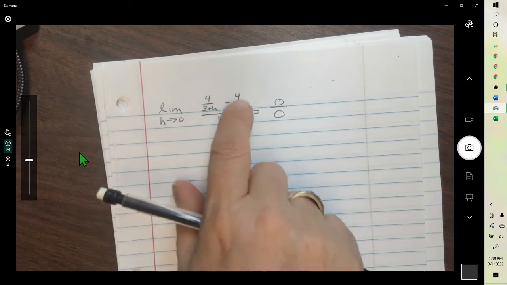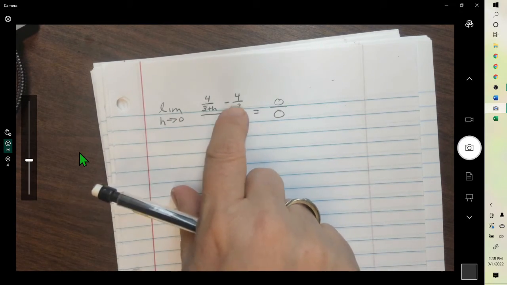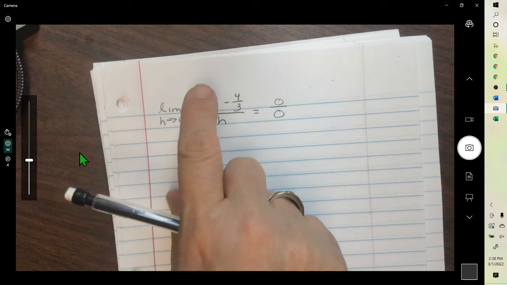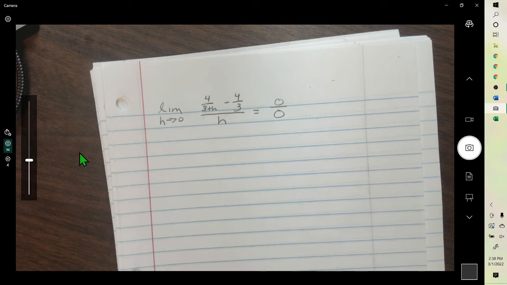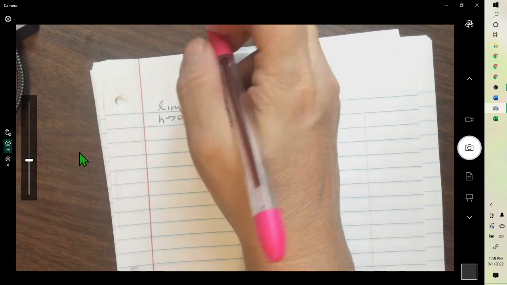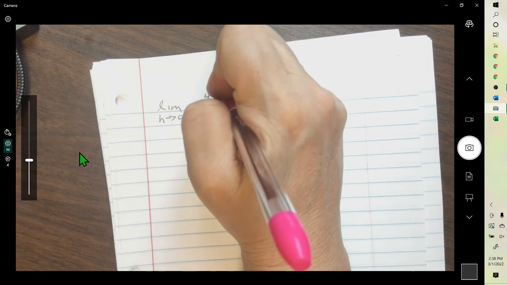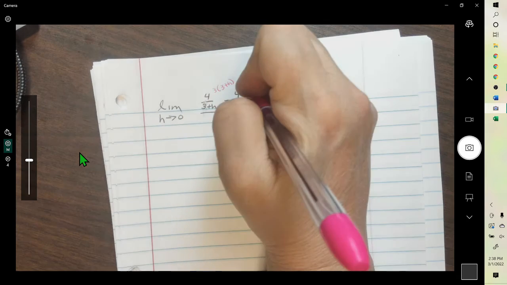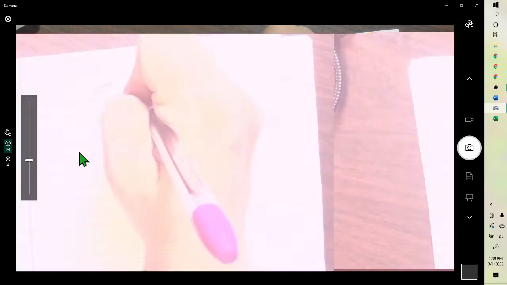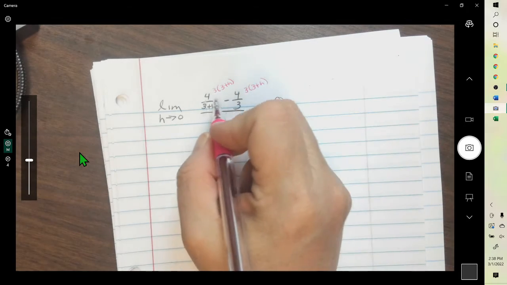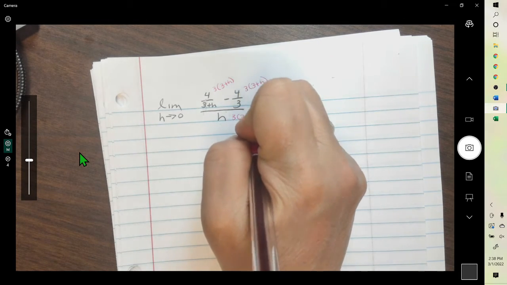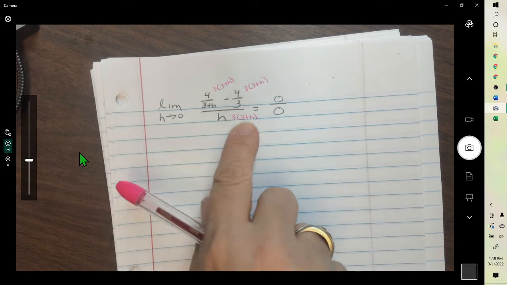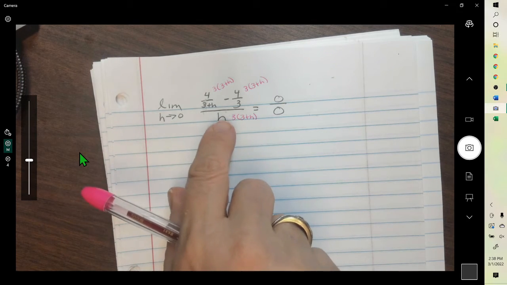When you have a complex fraction, if you multiply by these small denominators, it will get rid of all the fractions. So we want to multiply by 3 times 3 plus h. And you have to multiply all 3 terms by it. We're not going to multiply the bottom out, though, because we want to keep it factored so this h cancels.